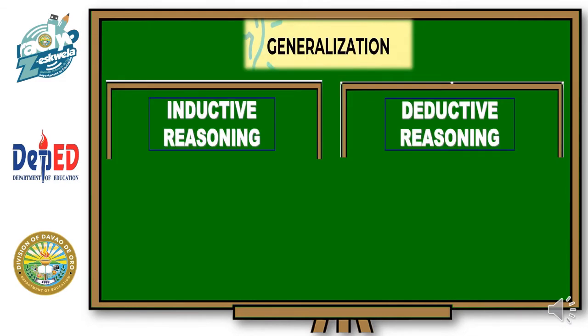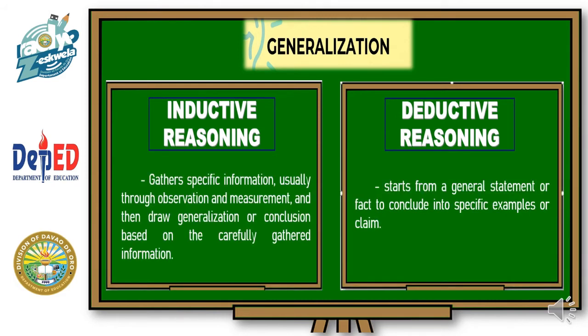Now, you have already been given some examples of inductive and deductive reasoning. Let me give first a wrap-up on what we have discussed earlier before we proceed to our first learning task. Inductive reasoning gathers specific information, usually through observation and measurement, and then draws a generalization or conclusion based on the carefully gathered information.